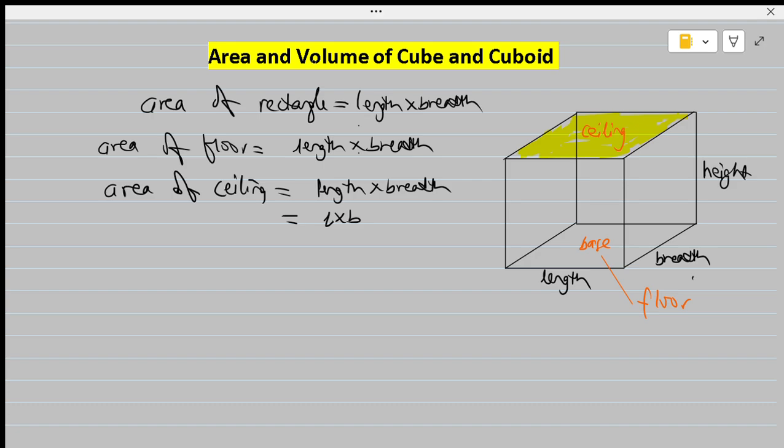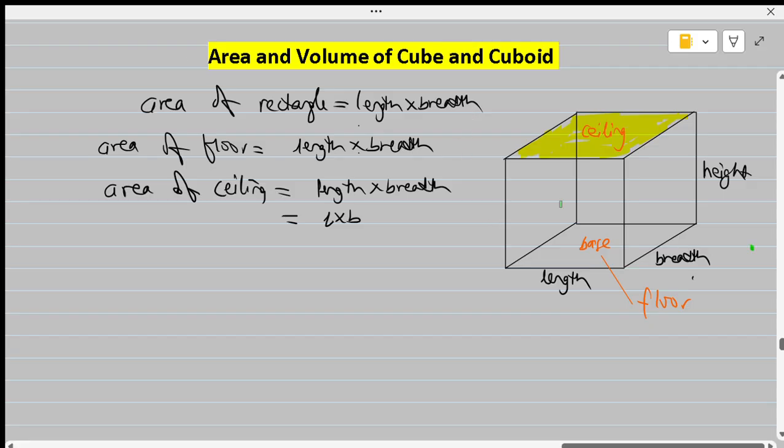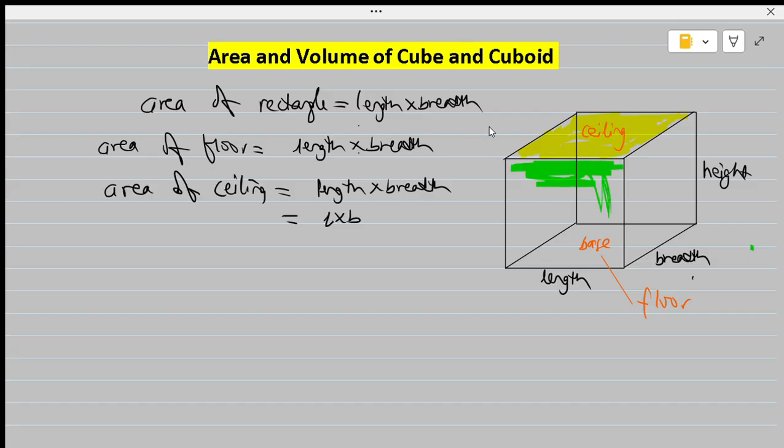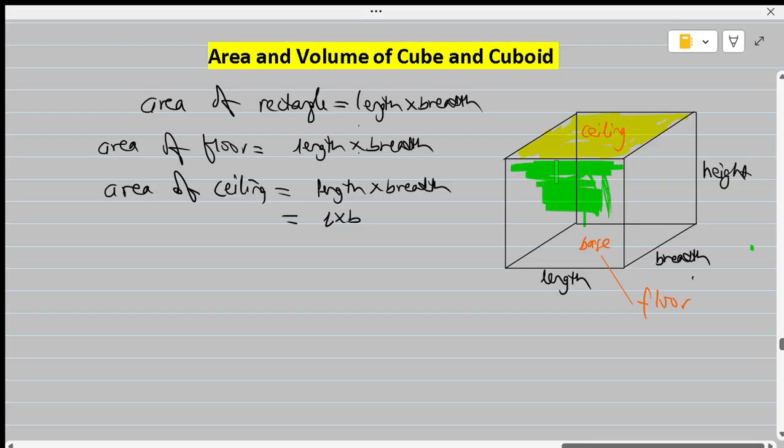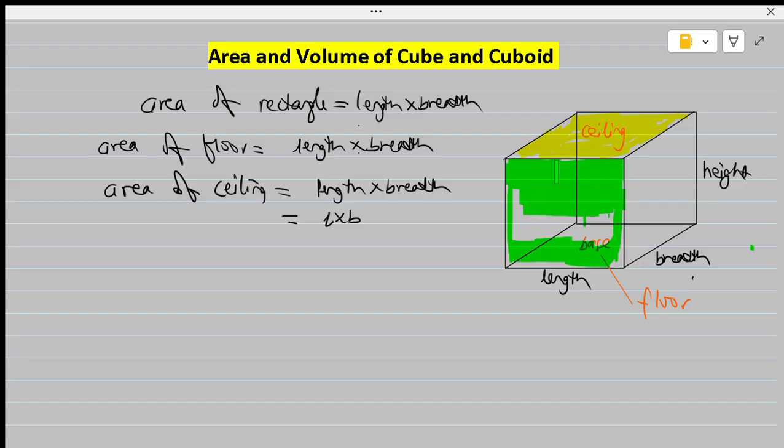Now let's see the wall which is along the length. I painted this wall with green, the wall along the length.